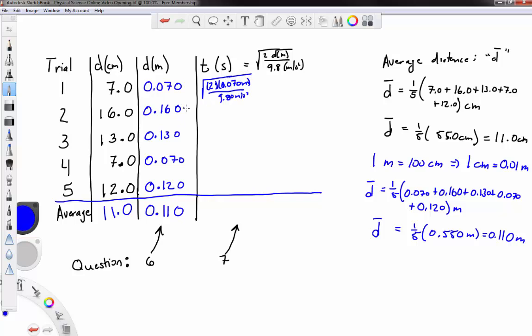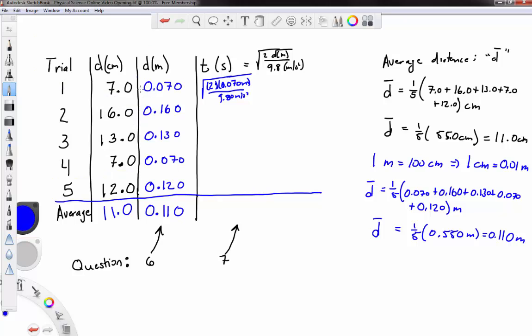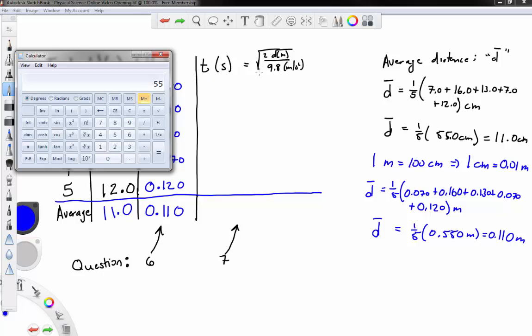And for each of these lines, I replace this 0.070 with whatever number happens to be on the line next to it. So I'm going to have to use the calculator again. I'm actually going to delete this from my table because I wanted to just write the numbers in here, but I'm showing it to you so that you have the formula in operation in case you want it.